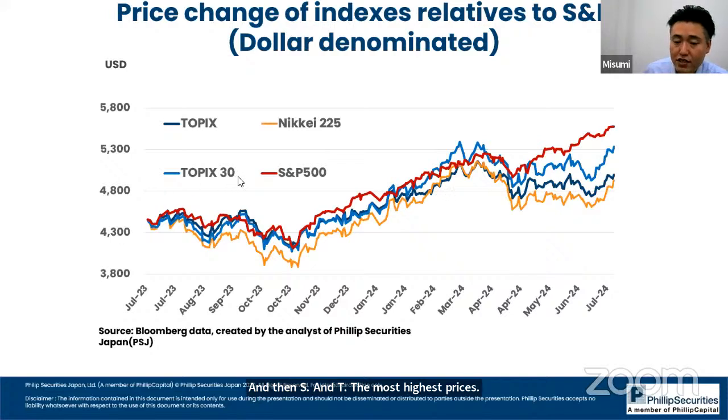Why Core 30? Core 30 is the most performing because a lot of capital goes to the large caps of the Japanese stock market.